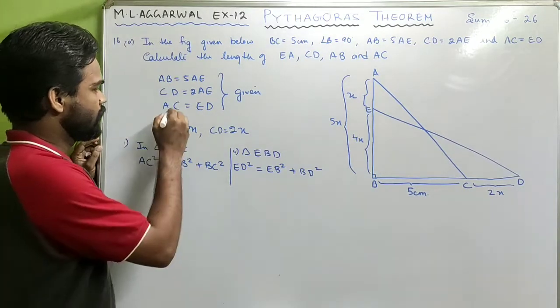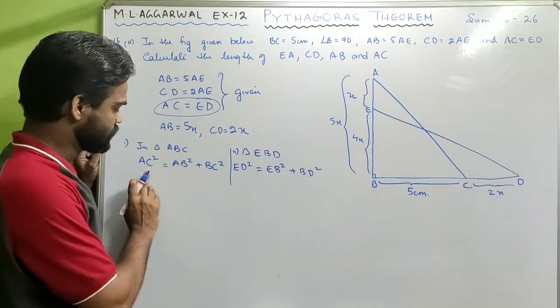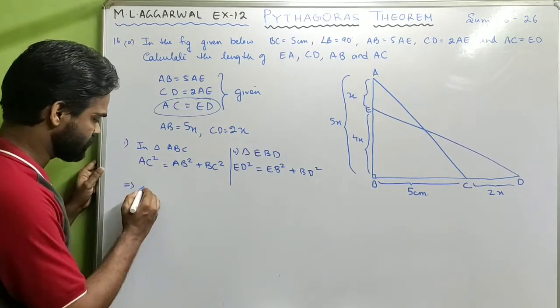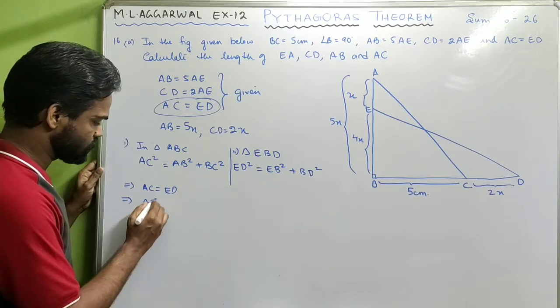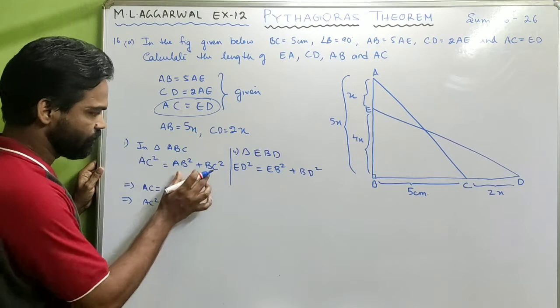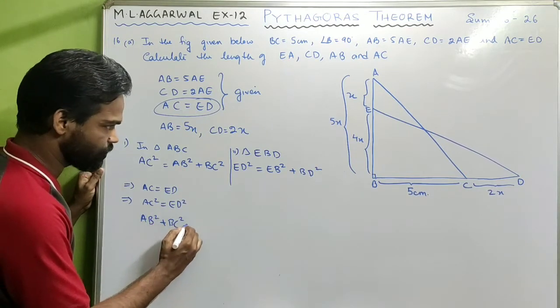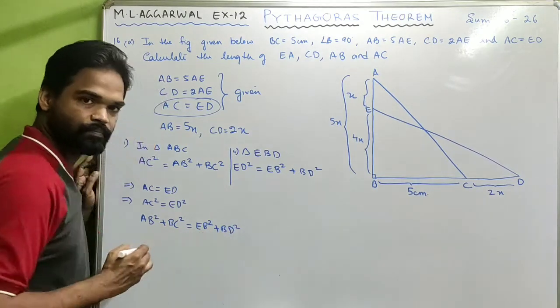Now AC is equal to ED, which means AC square equals ED square, which means we can equate AB square plus BC square is equal to EB square plus BD square.